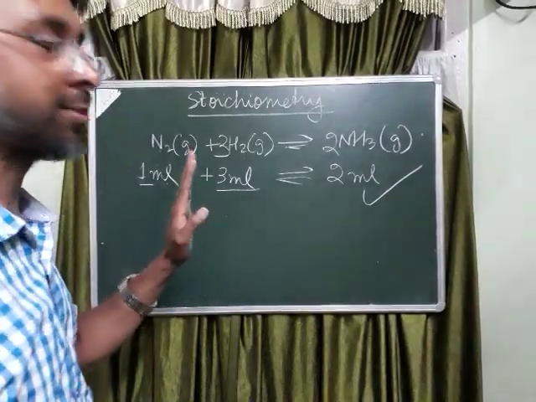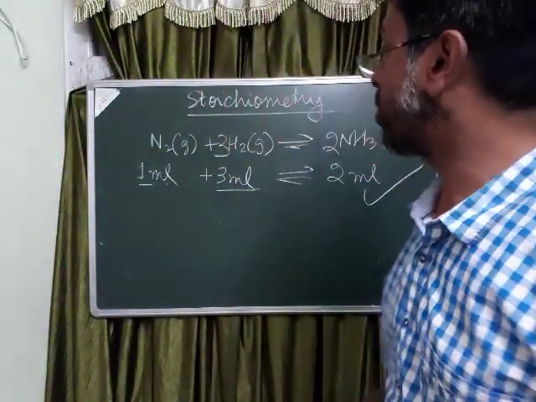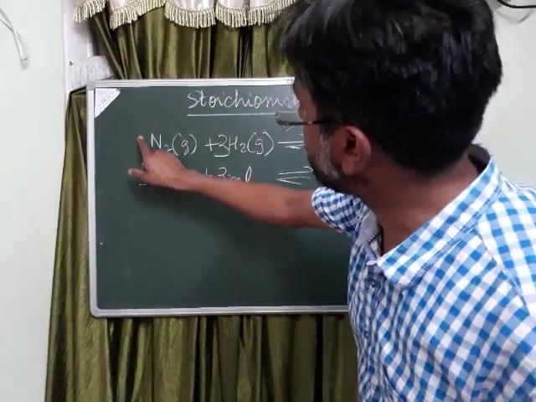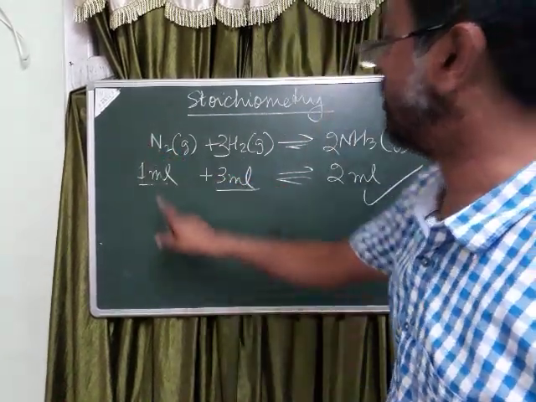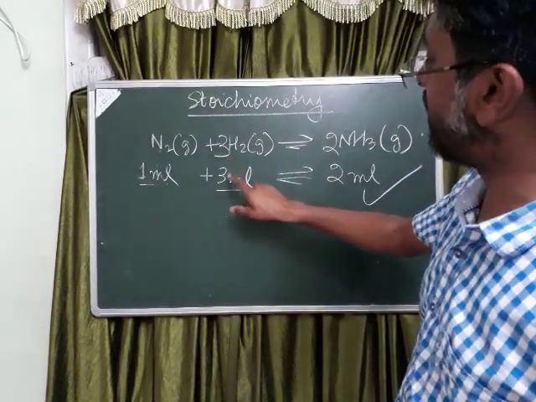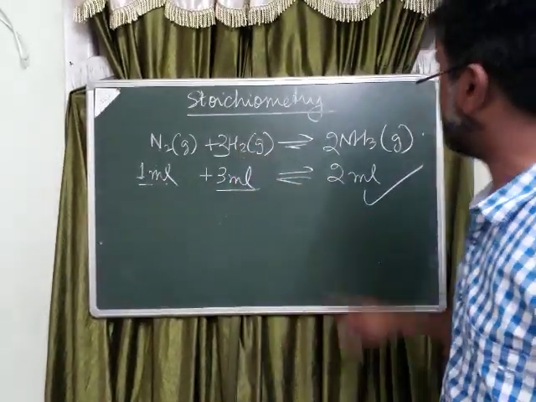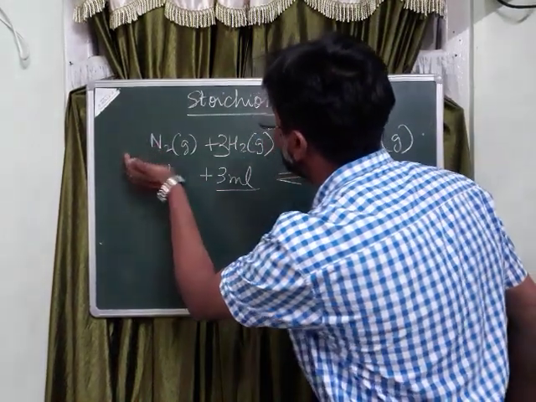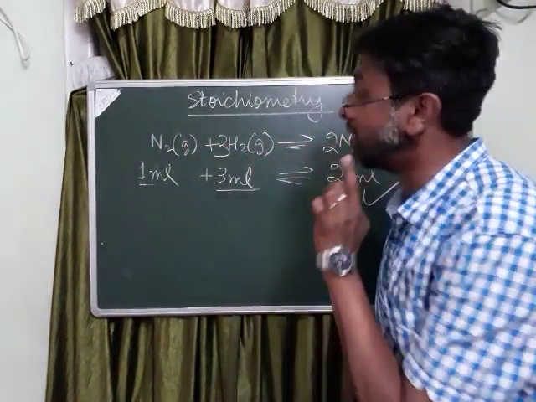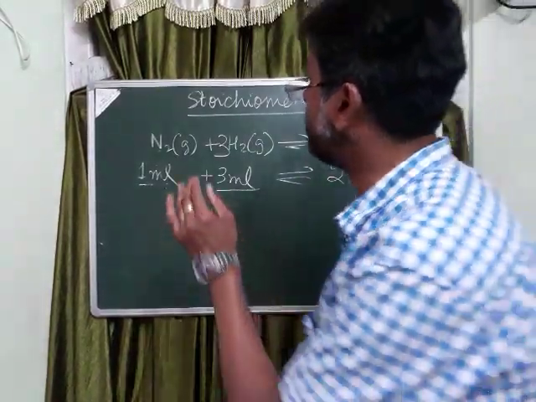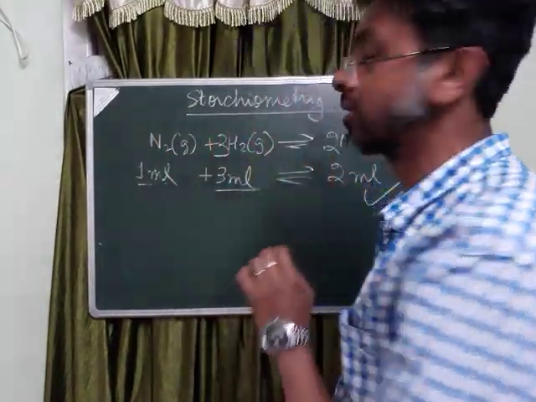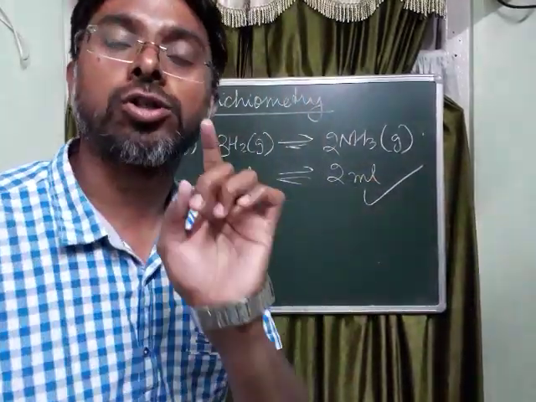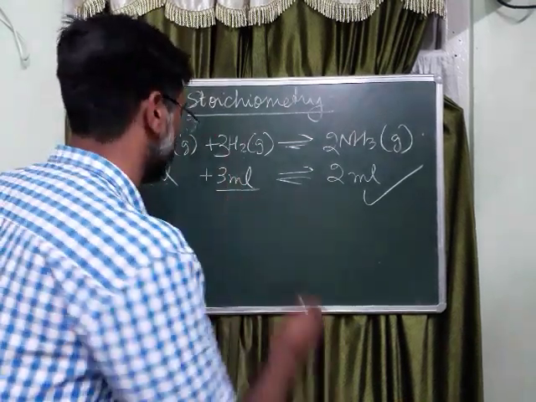Now, let me explain this properly. What is very important to understand over here is that there is 1 before nitrogen, 3 before hydrogen, and 2 before ammonia. These numbers 1, 3 and 2, which are written before the reactants or the products in any chemical reaction, are called stoichiometric coefficients.